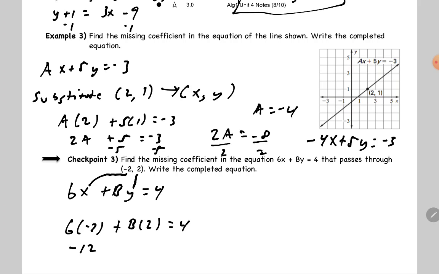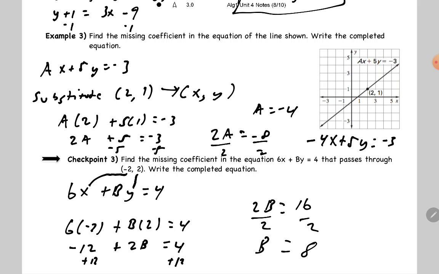So this becomes negative 12 plus 2b equals 4. I'm going to add 12 to get rid of the negative 12, and we'll get 2b equals 16. So divide by 2, and we'll get b equals 8. Rewrite our equation: 6x plus 8y equals 4.